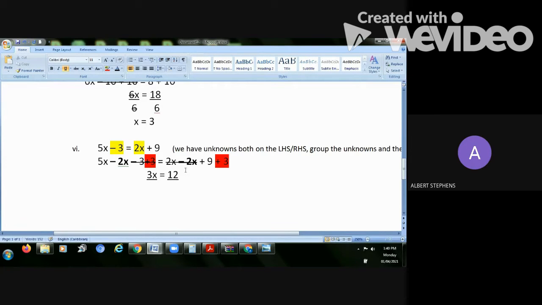What's x equal to? 4. Very good. Any questions? So x is equal to 4.